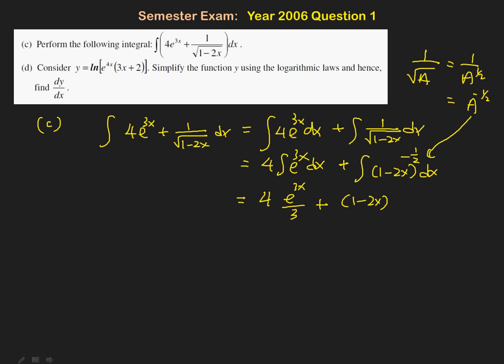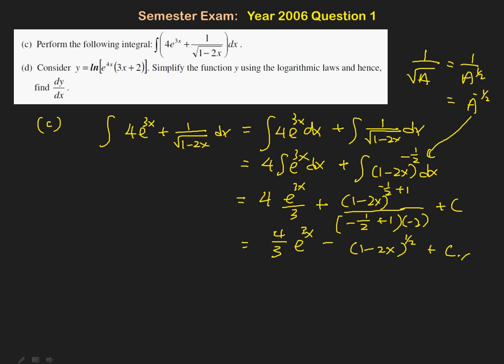It is negative half plus 1, and we need to multiply by negative 2 here. Just follow the table, plus c, and then you end up with (4/3) e^(3x) - (1 - 2x)^(1/2) + c.